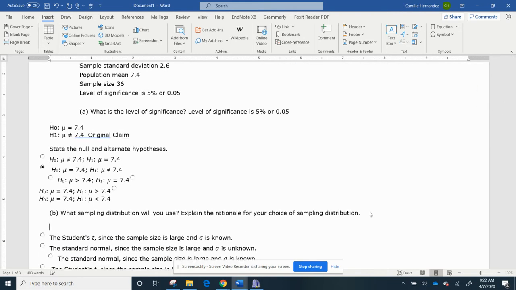Okay. When you have no population standard deviation, that means you're going to run a t-test and use the student t distribution.